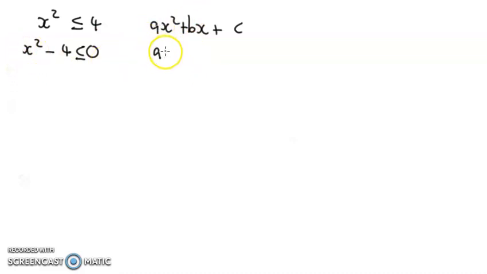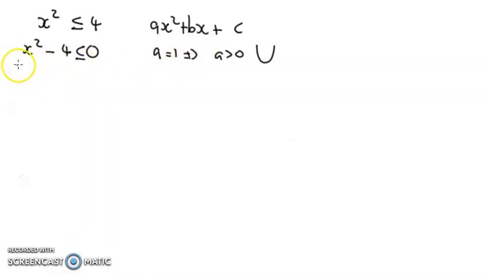This means that a is greater than 0 because 1 is greater than 0, and therefore you would have a concave up graph if you were to draw a graph of this expression. And you can see that c is equal to -4 and b is equal to 0 because you don't have a coefficient of x.